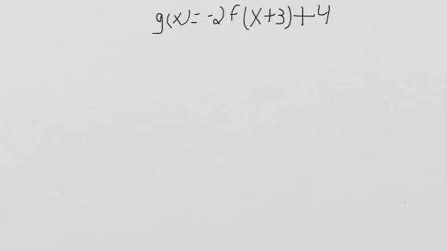So the first thing to do here is just think about, no matter what f is, what are these transformations going to do? If we look at the x plus 3, that's going to shift 3 units to the left.